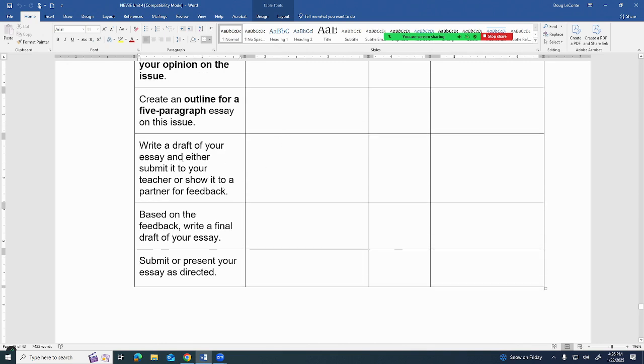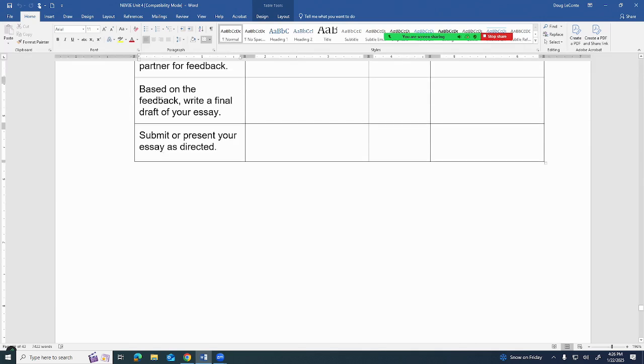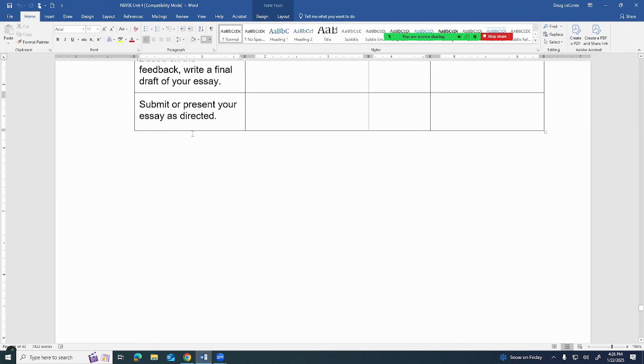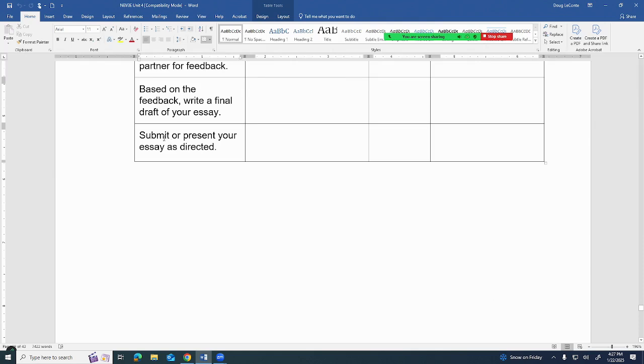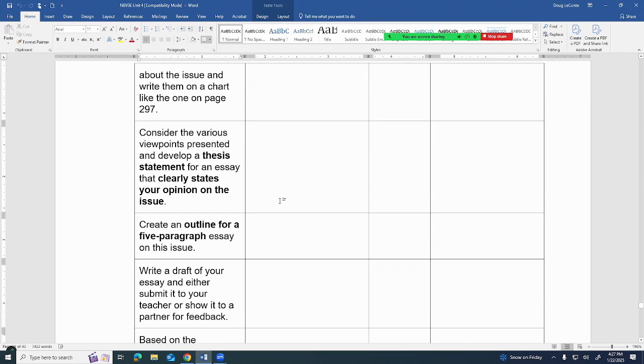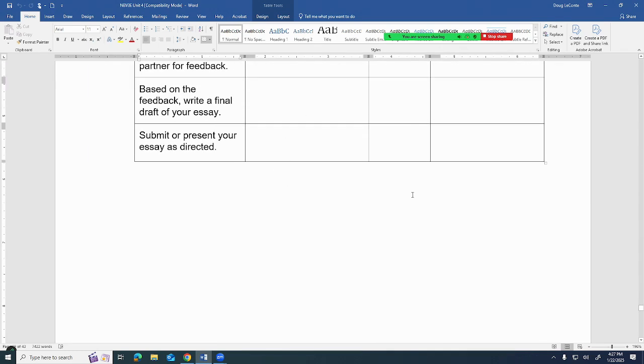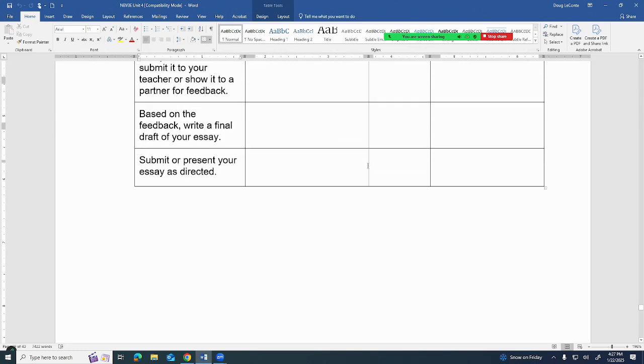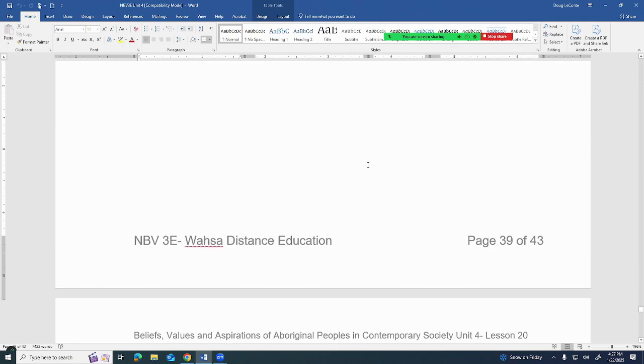And if you have a word processor, that's very helpful because they do have grammar and spelling check in them. Based on the feedback, you write your final draft and you submit it to your teacher. So the optimum way would be for you to send your rough copy to your teacher, let them have a look at it and make suggestions, and then you can submit it.